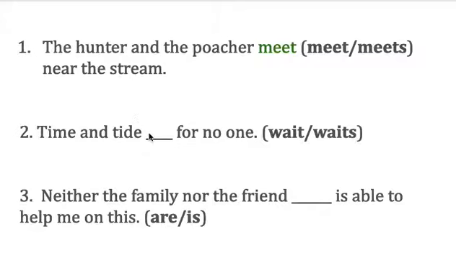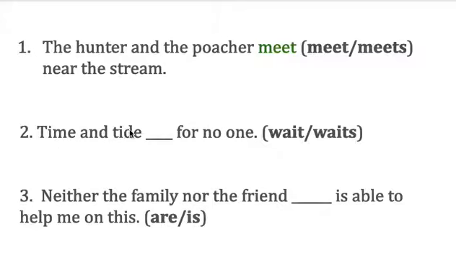Time and tide. Now here, do you think time and tide wait for no one? They both are conveying the same idea. So when we see a sentence where words are combined by the conjunction and, but it is conveying the same idea about the same person or thing, in that case we use singular because it's the same idea, it's one. So time and tide, they are two names but conveying the same idea, that they don't wait for anyone.